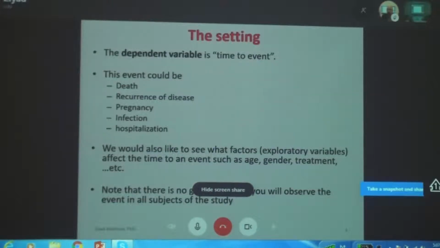So quickly to start, the dependent variable, as we said, is time to event. We'd also like to see what factors or explanatory variables affect that time to an event, such as age, gender, treatment, severity of the disease, and so on. However, there is no guarantee that you will observe that event in all the subjects of the study, and that could be due to a lot of different reasons.